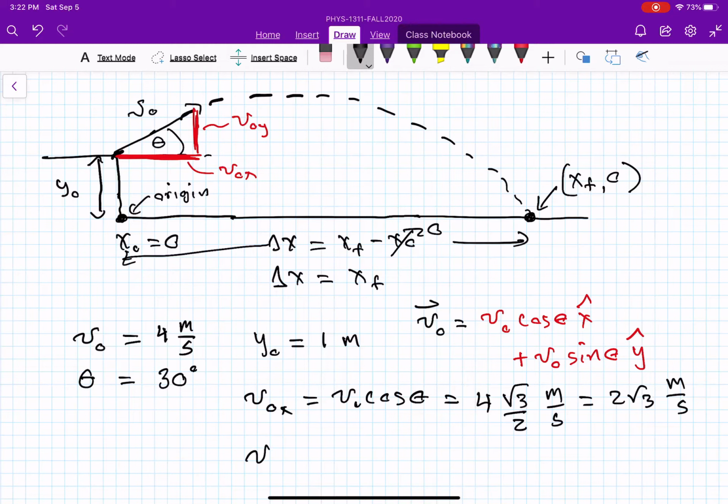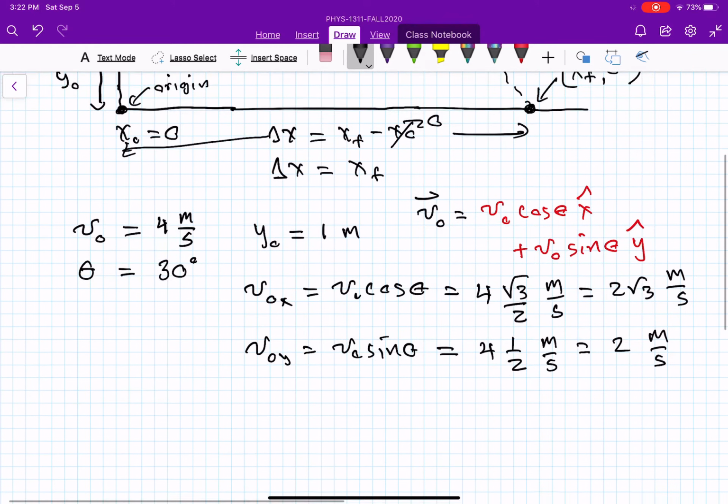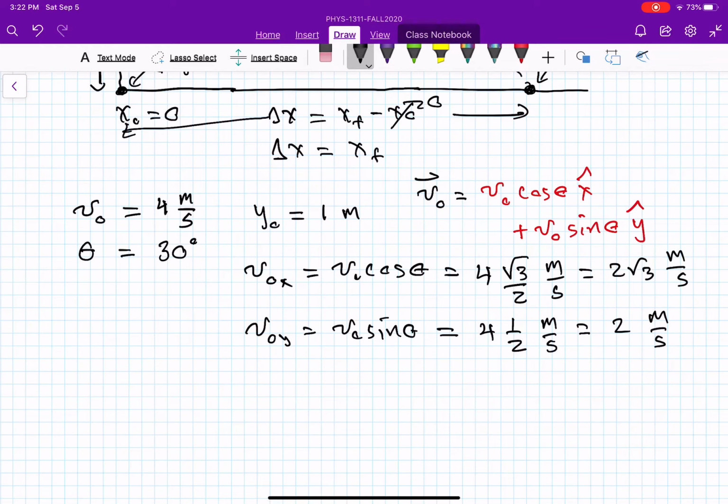And then v0y is equal to v0 sine theta. And so that's going to be 4 times sine of 30, which is a half. So that's just 2 meters per second. Great, so I know what these are. That's going to be useful.